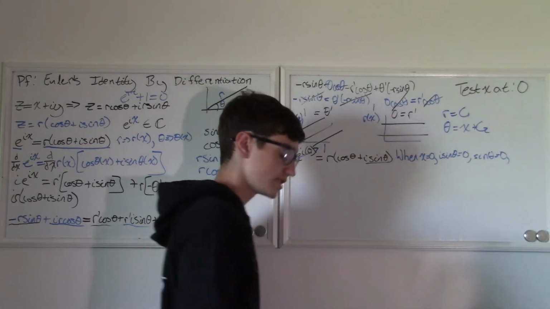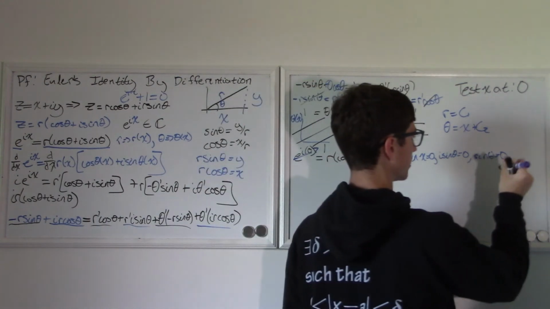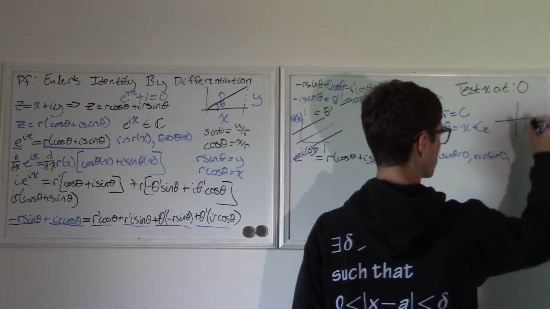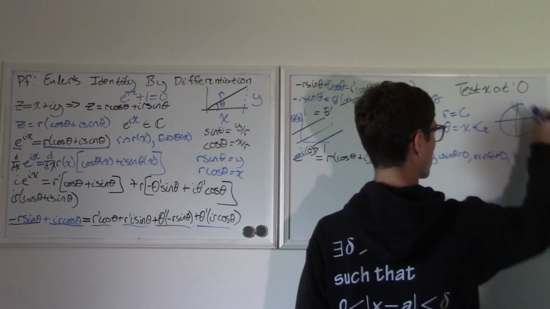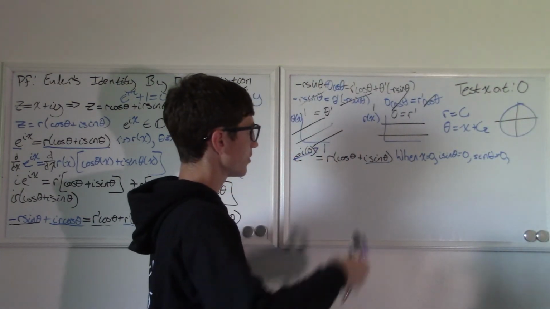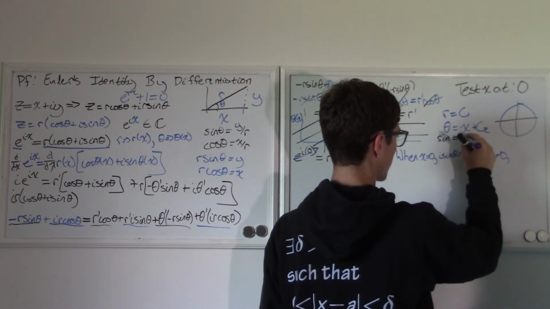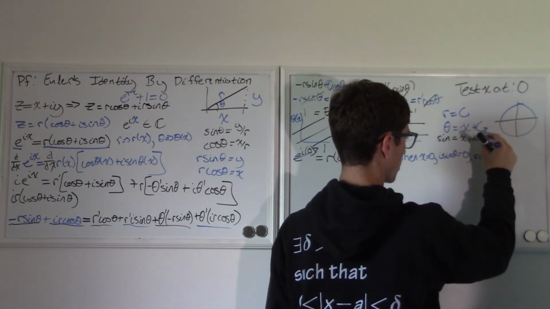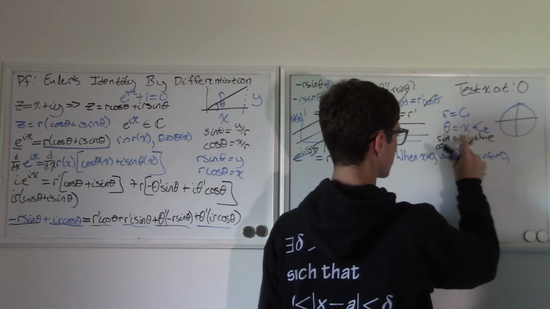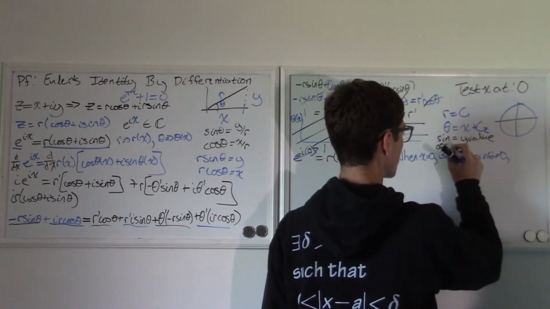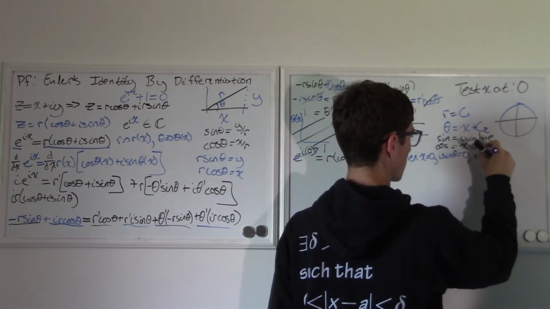So when is sine theta equal to 0? Well, let's look at a unit circle. Now if you remember from trig, sine is nothing but y value, and cosine is nothing but x value.